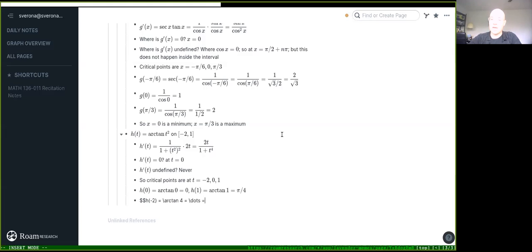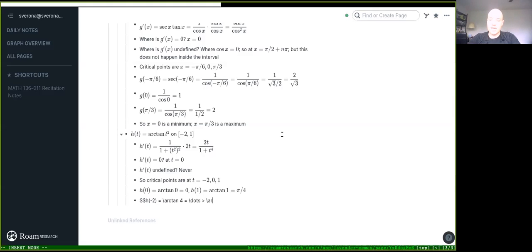And here's what I'm going to say. I know that arctan, for all numbers actually, is an increasing function. If I take its derivative, that's 1 over 1 plus x squared. That's always a positive number. So I know the bigger the argument is, the bigger arctan is.